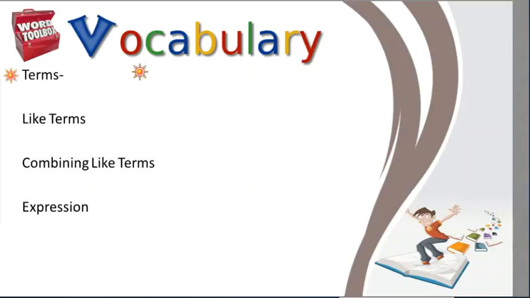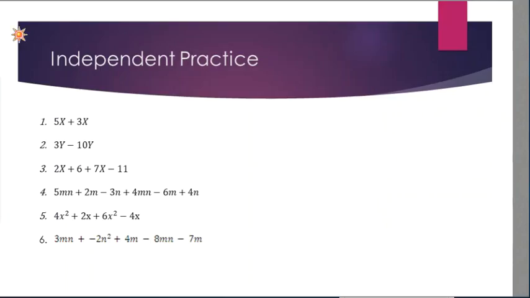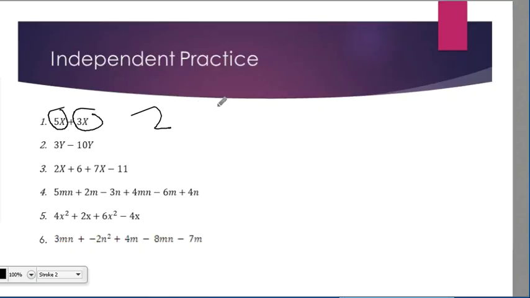So let's start with the word terms and what it means to be a term in math. Up on the board, I have 6 different problems. When we talk about terms in math, the terms are what is separated by the addition or subtraction. So for question number 1, there would be 2 terms. 5x would be a term and 3x would be a term.